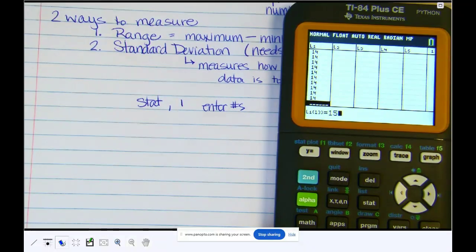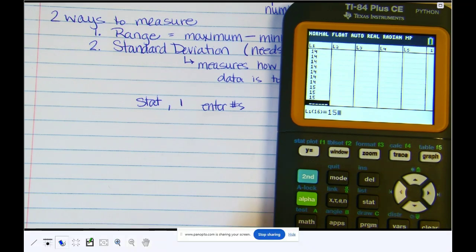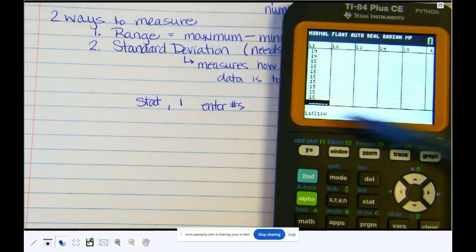By the time you're done, you should have L21 down there after you hit enter the last time. You need 8 15s. How many 14s? 12.